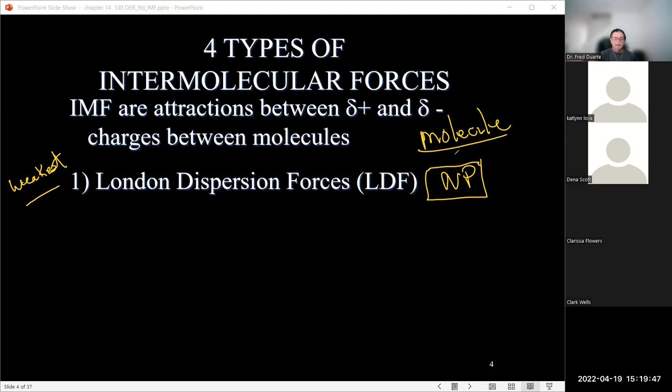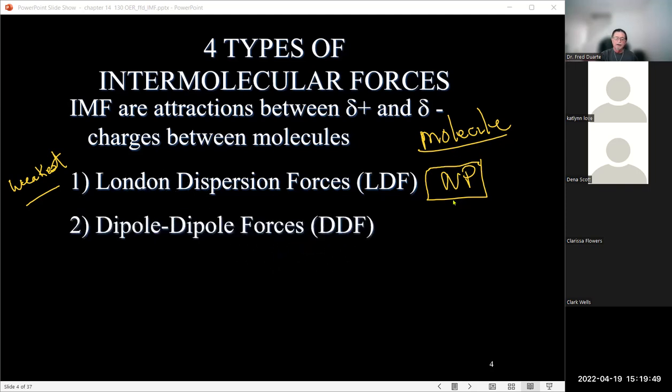All right, the next force is called dipole-dipole. So as far as strength is concerned, when I compare these 3 that we're going to talk about, this is like medium strength, okay? Now, the criteria for this force is that it must be polar. That molecule must be polar.